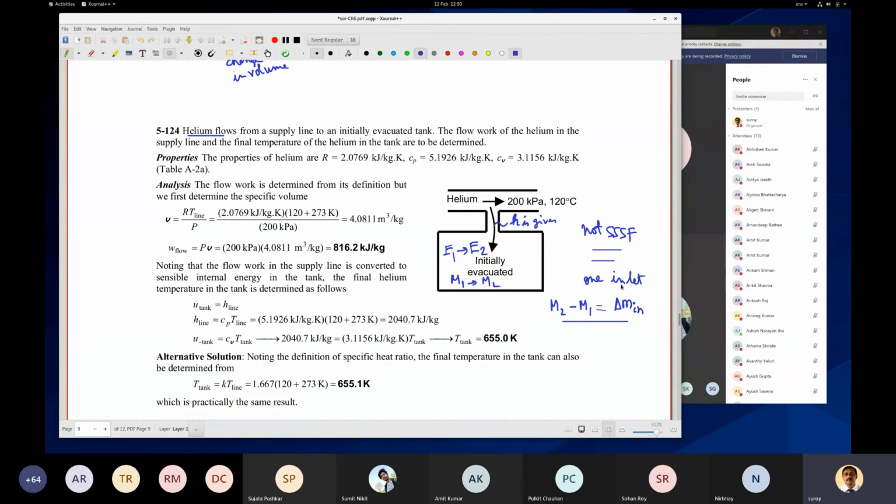So this is the mass balance. You have the energy balance you have to write, and the mass balance equation also you have to write. And this energy will change, right?